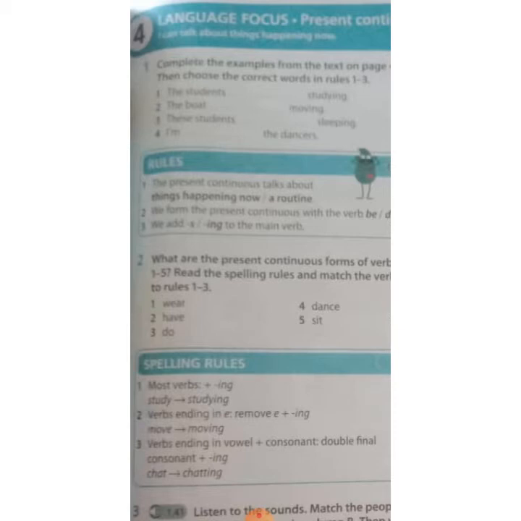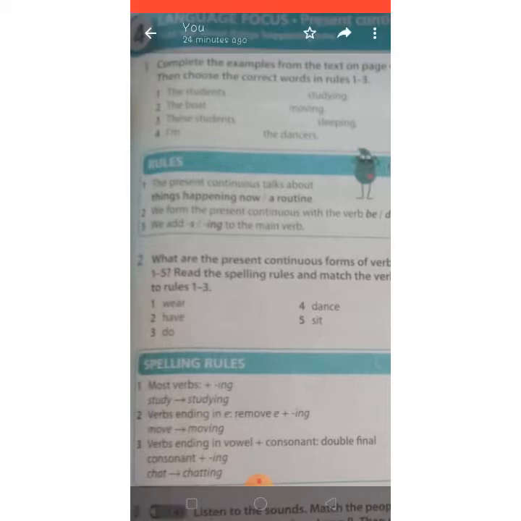So you have to complete these 4 sentences using the sentences from the text, only from the text. For exercise 1, you copy the instruction and the questions and answer. For the rules part, you don't have to copy.